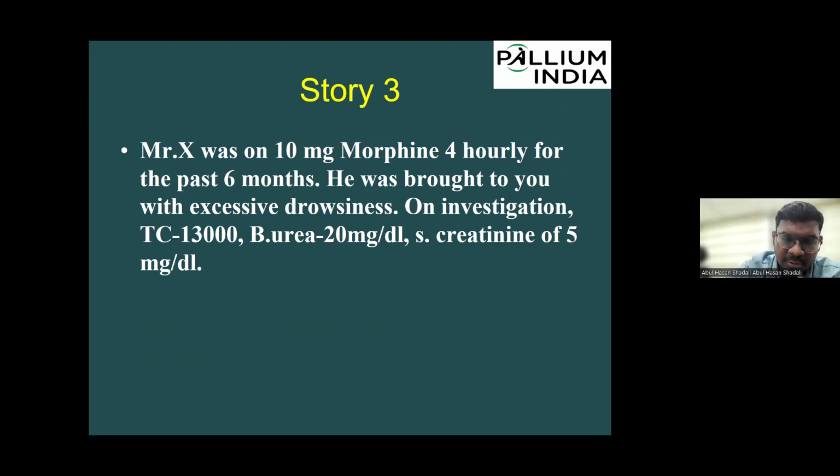Inadequate excretion of morphine, thereby resulting in morphine toxicity. Okay. So, would you do anything with the morphine dosage then? Dose reduction is needed.